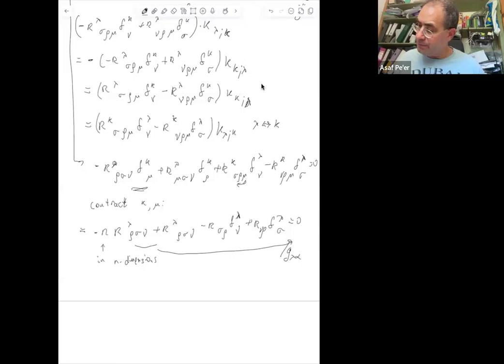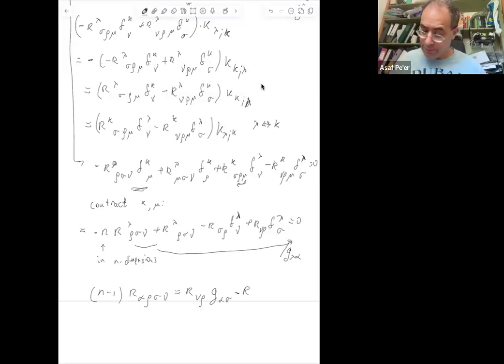And we get n minus 1 R_alpha rho sigma nu is equal to R_nu rho, let's switch the order, here I have a g_alpha sigma minus R_sigma rho g_alpha nu.